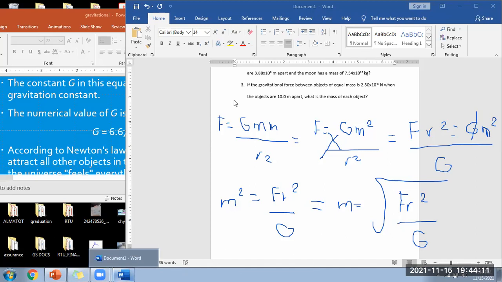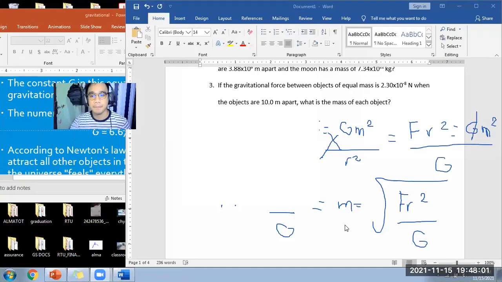Sige, paki-compute. So, i-apply natin, di ba? 2.30 with the exponential of negative 8. Ta-times mo daw siya sa 10 squared.